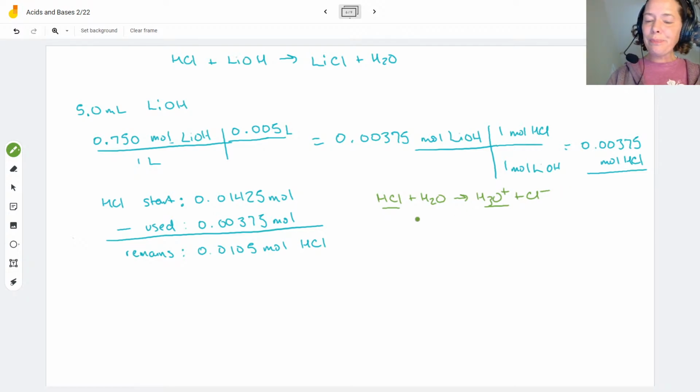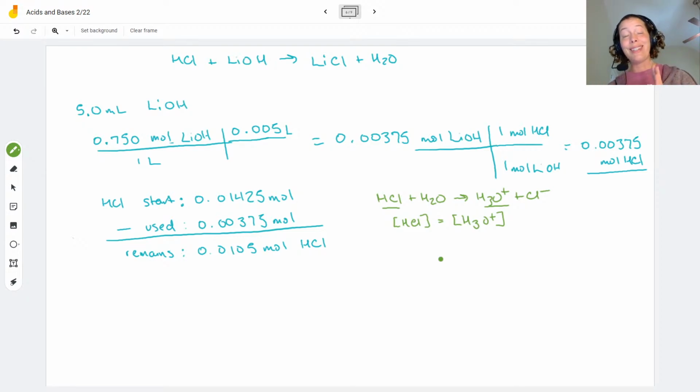This means that my concentration of hydrochloric acid is equal to my concentration of hydronium ion, which makes the math a lot simpler. However, if this was a 1-to-2 ratio, you'd have to put that stoichiometric step in to account for, say, a diprotic acid or something like that.